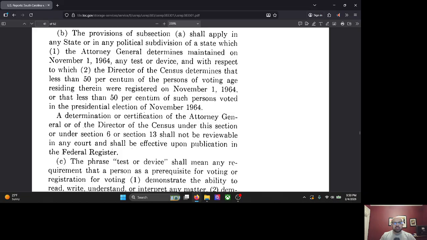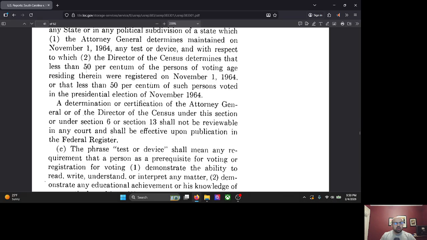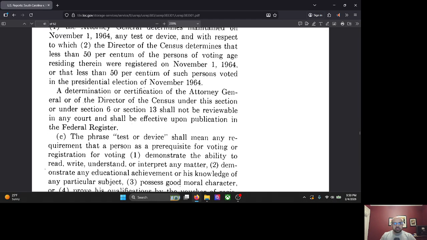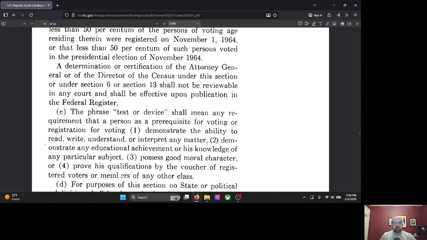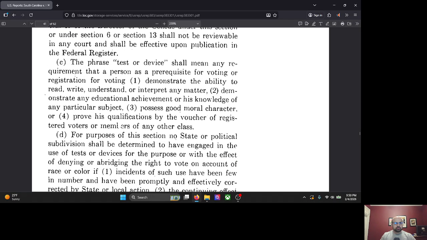The Director of the Census determines that less than 50% of the persons of voting age residing therein were registered on November 1st, 1964, or that less than 50% of such persons voted in the presidential election of November 1964. A determination or certification of the Attorney General or of the Director of the Census under this section or under Section 6 or Section 13 shall not be reviewable in any court and shall be effective upon publication in the Federal Register.